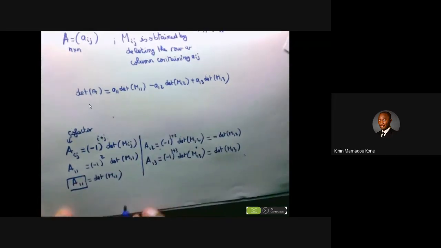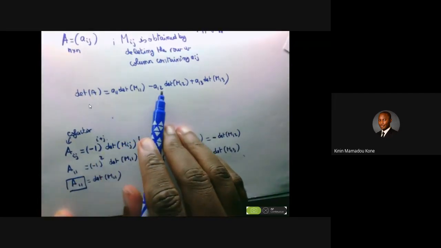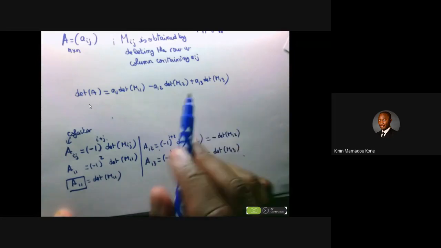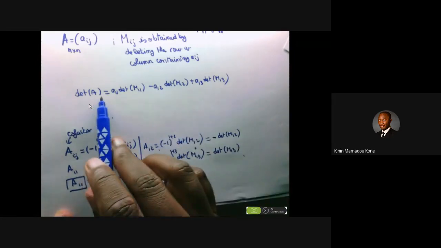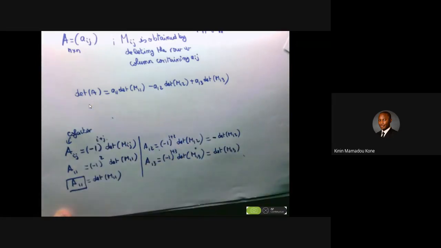So instead of writing in terms of minor matrices, I can write the determinant of A in terms of cofactors of the matrix A. I know that the determinant of M11 is equal to A11, so I'll replace this one by A11.